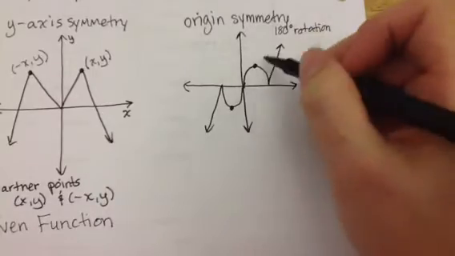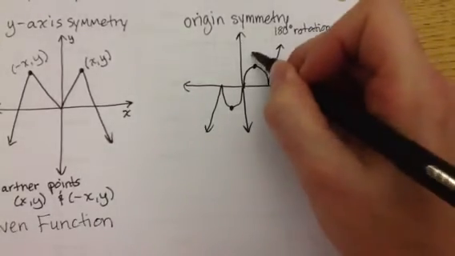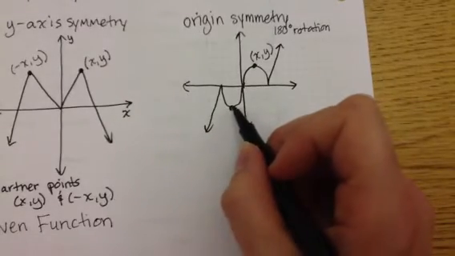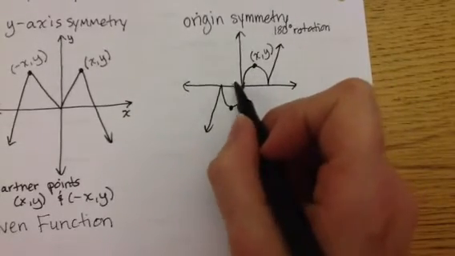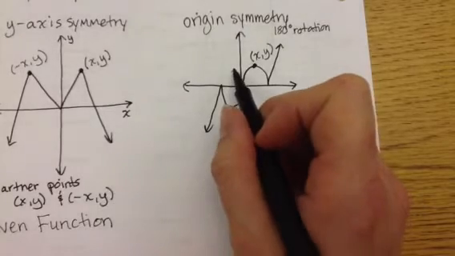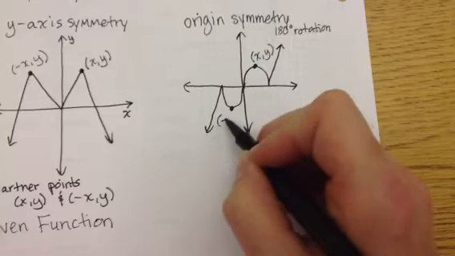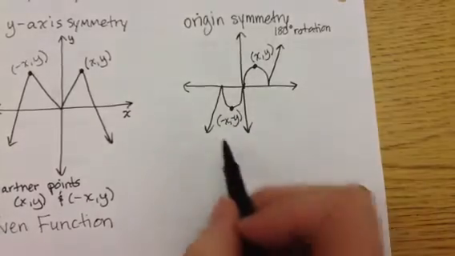So if we label these partner, these matching points, if this ordered pair is x, y, then the partner point would be, instead of positive x, it would be over at negative x. And instead of going up y units, we'd be going down y units. So this partner point is negative x, negative y.